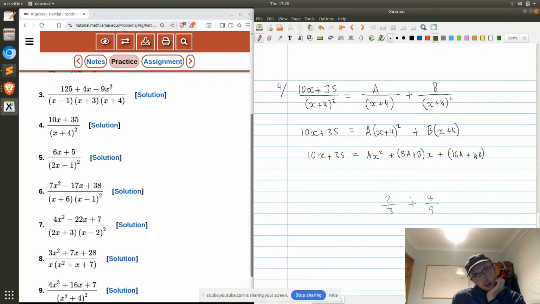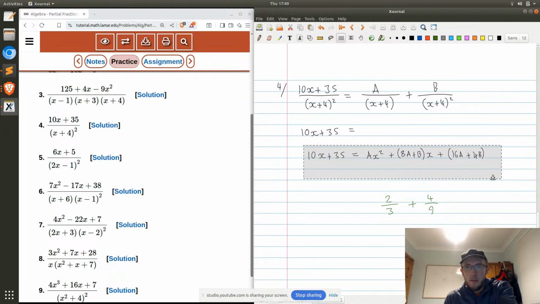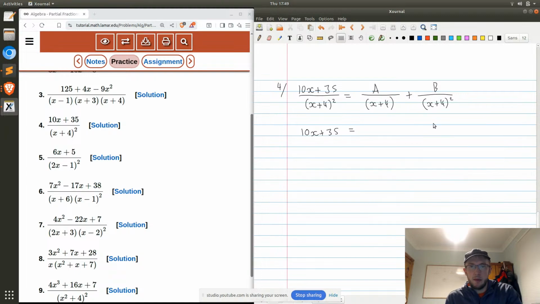That's how I get the other side. Okay, so here's what I think is really going on now that I've refreshed my memory. I think it's really a case of this plus this.